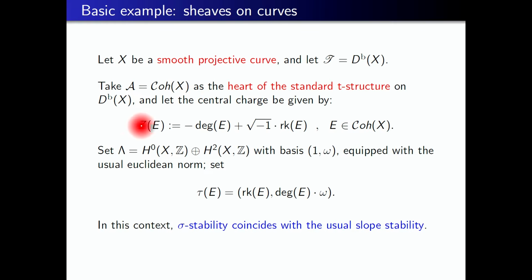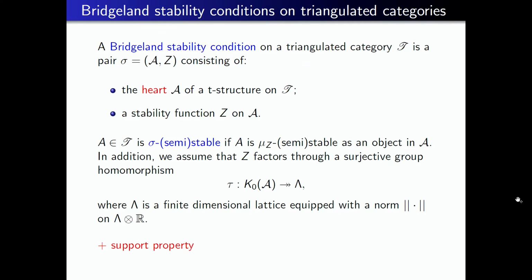We take this to be the lattice, just the cohomology lattice with this basis 1 and the 2-form, the Kähler 2-form, if you want. And tau will be this map through which the Z factors through.